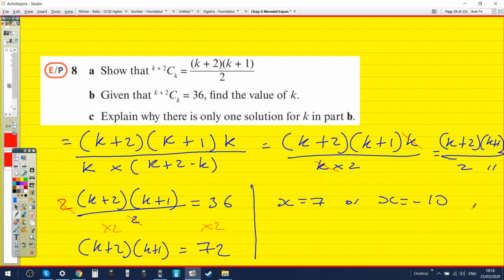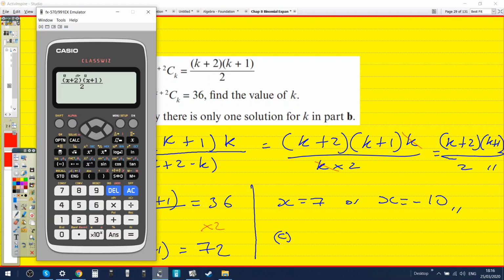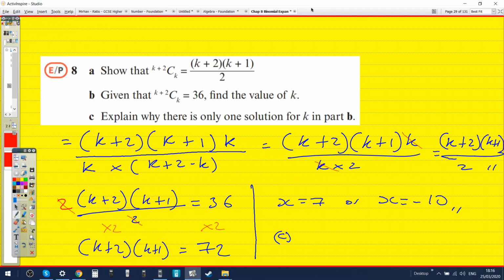So, do we have to choose a specific value? Yes. Question C kind of incorporates that.